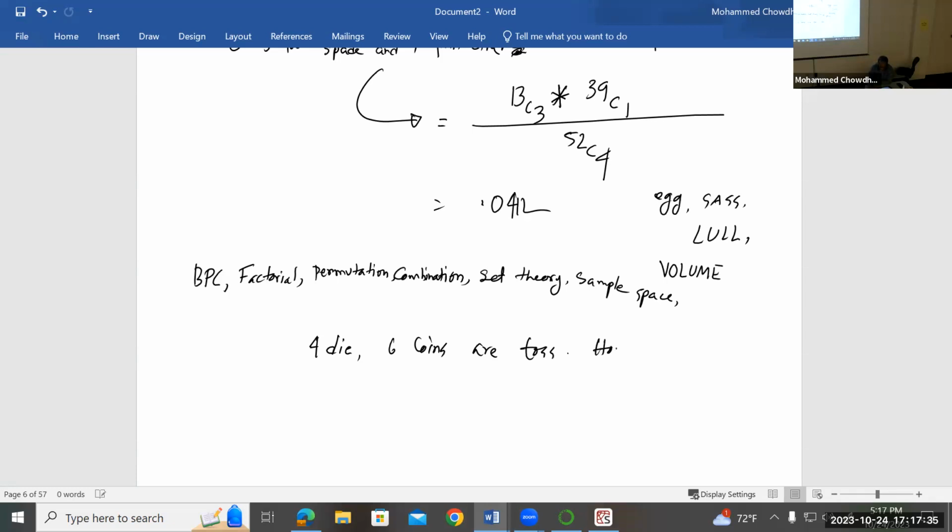How many sample points are in the sample space? You remember that? Can anyone of you solve this? 4 dice and 6 coins are tossed. How many?